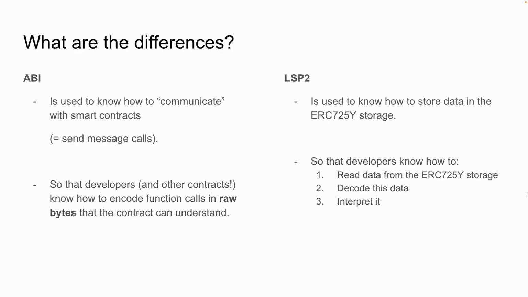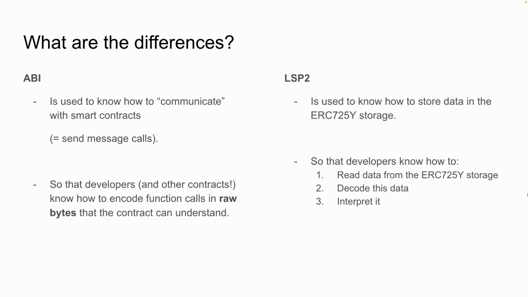In comparison, LSP2 is, as we said, for the ERC725Y storage. And so it's for developers building on LSP2 to know how they can read the data from the ERC725Y storage, decode it according to its value type, and how it can then be interpreted from raw bytes, which is the smart contract readable format, to a more human readable format.